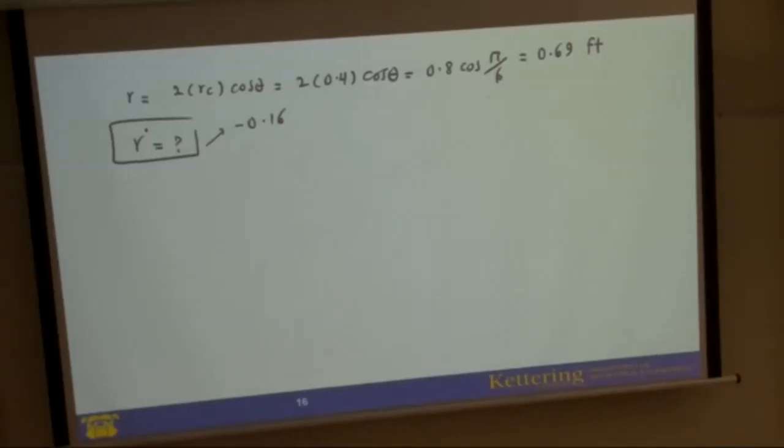Do you agree? Other students, did you find similar, the same, or different one? Do you confirm the number? Yes.